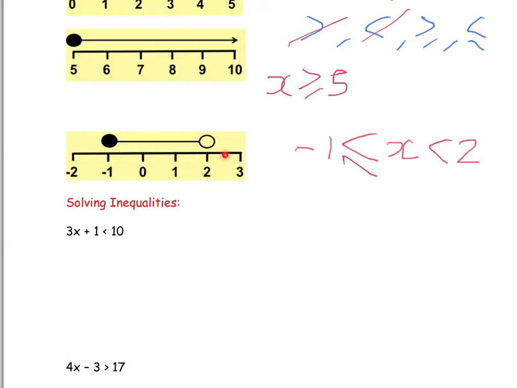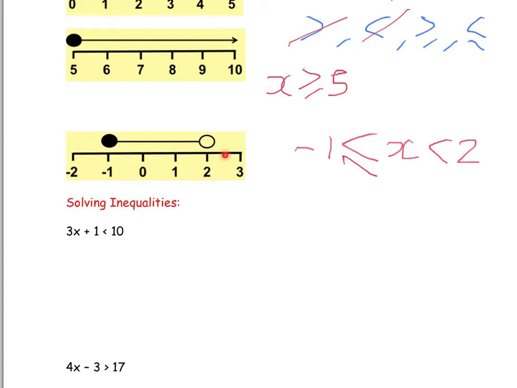And the final skill you could be asked to do involving inequalities is to solve an inequality. This is done using exactly the same methods as when you are solving equations, so you're using your inverse operations. The opposite to adding is subtracting, and the opposite to times is dividing. So 3x plus 1 is less than 10.